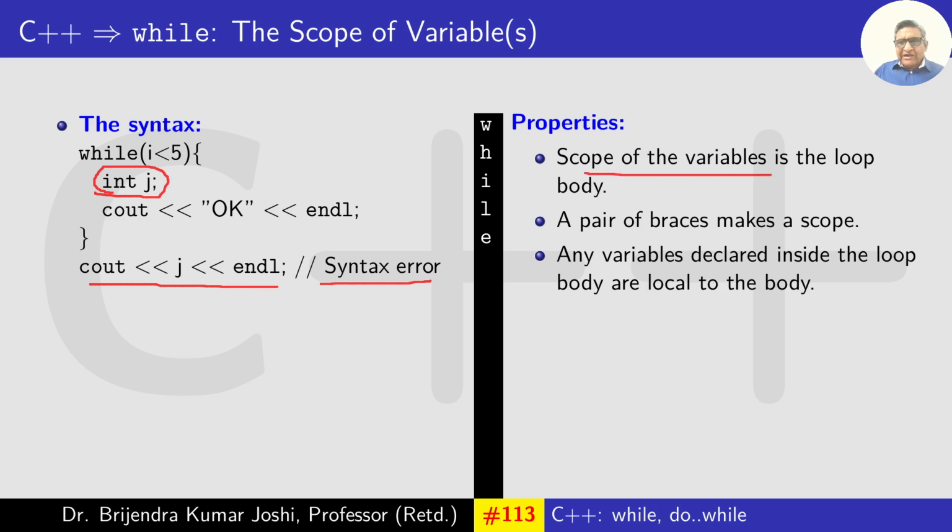So the scope of those variables which have been declared inside the loop body is the loop body. A pair of braces makes a loop scope, so wherever you require to make some scope, you can make use of a pair of braces. Any variables declared inside the loop body are local to the body.